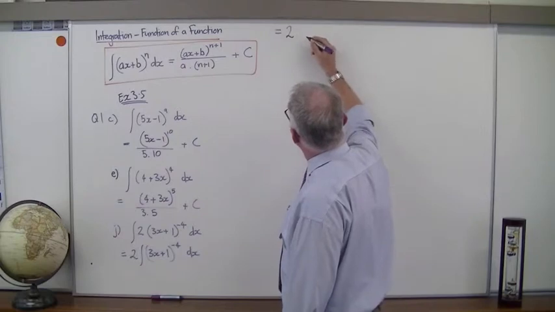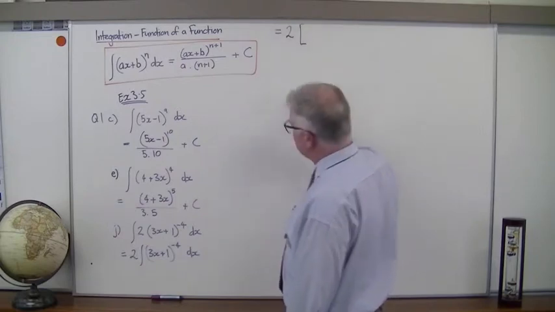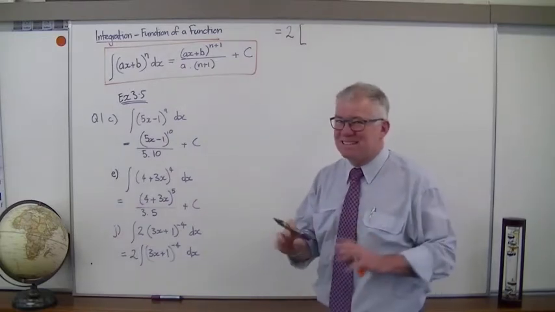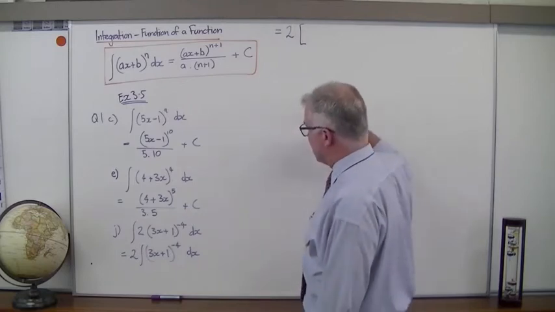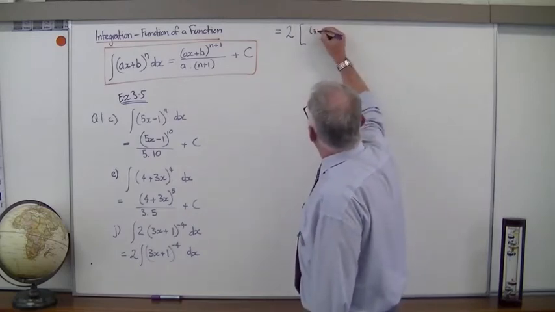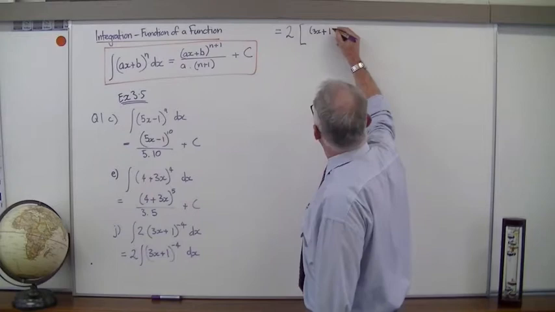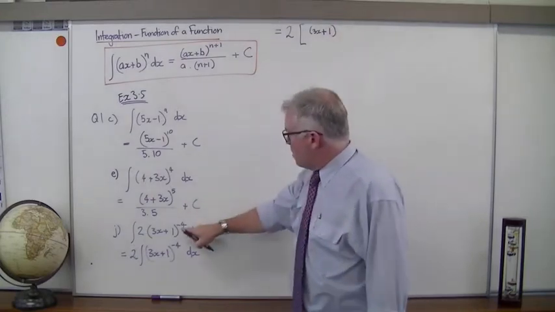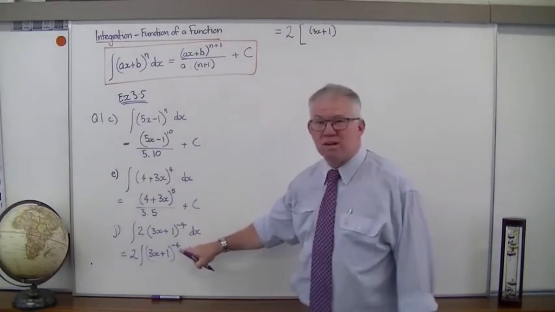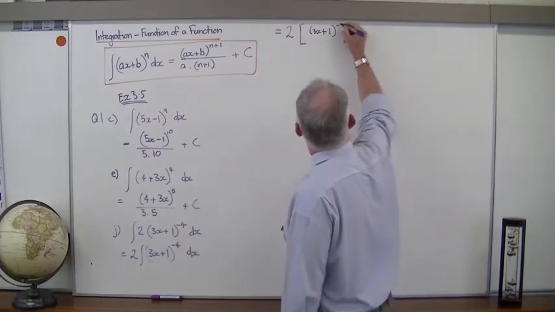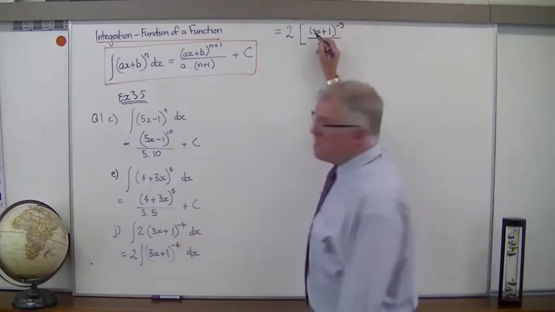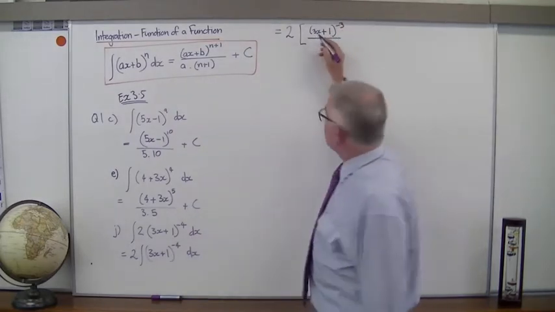It'll be 2 times, let's put this in square brackets just so it clearly separates things out. It'll be 3x plus 1 to the power of minus 4 plus 1, which is minus 3. The value of a in this case is 3.